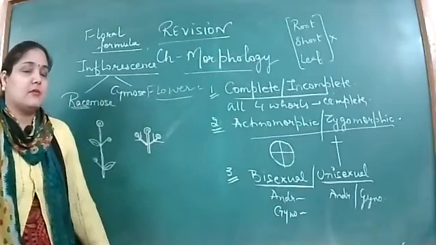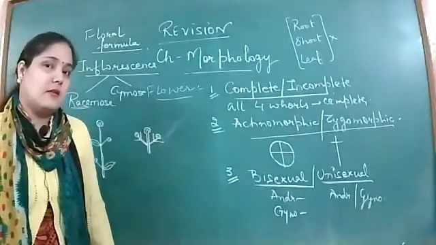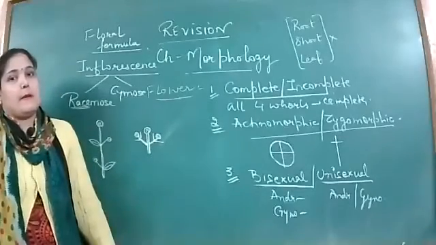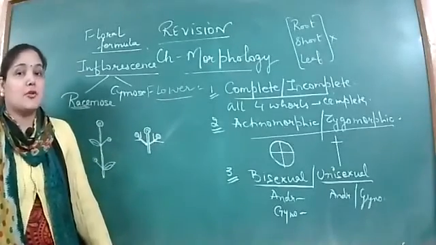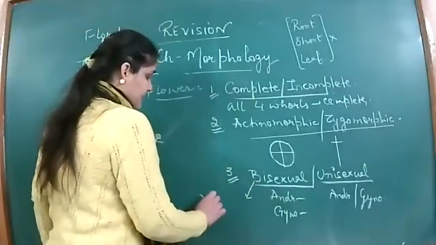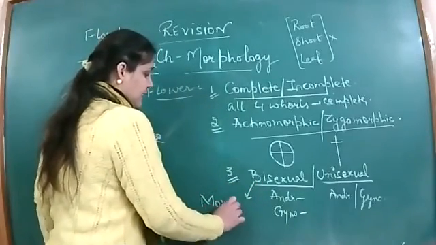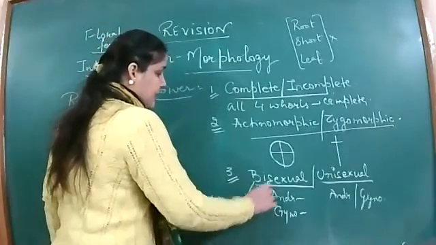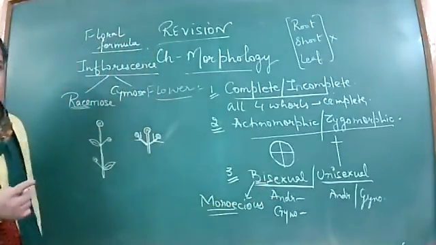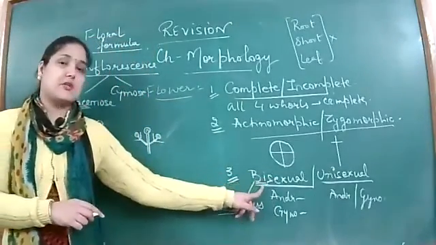Is it monoecious or dioecious? It is monoecious. I told you the two terms are contrasting ones. Here it is bi, here it is mono, है ना? तो ये contrast में use हो रही हैं.